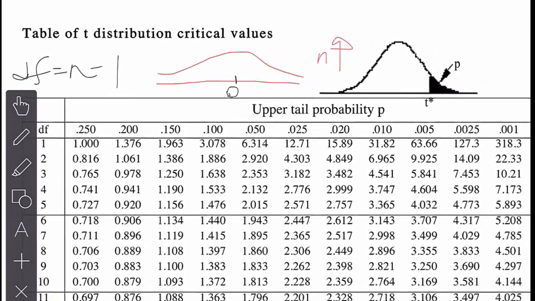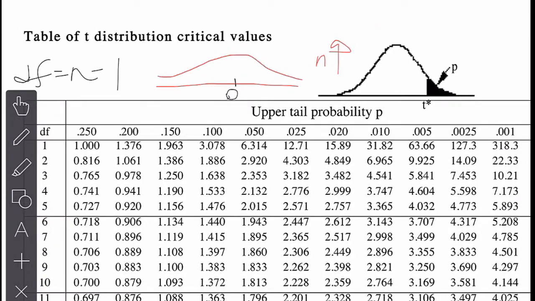So let's see, how do we do this? Whereas the Z distribution, the standard normal distribution, has the probabilities, the percentiles inside the table.